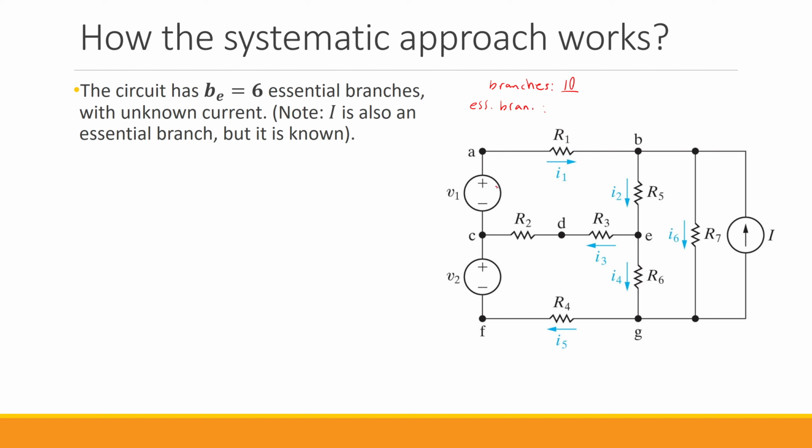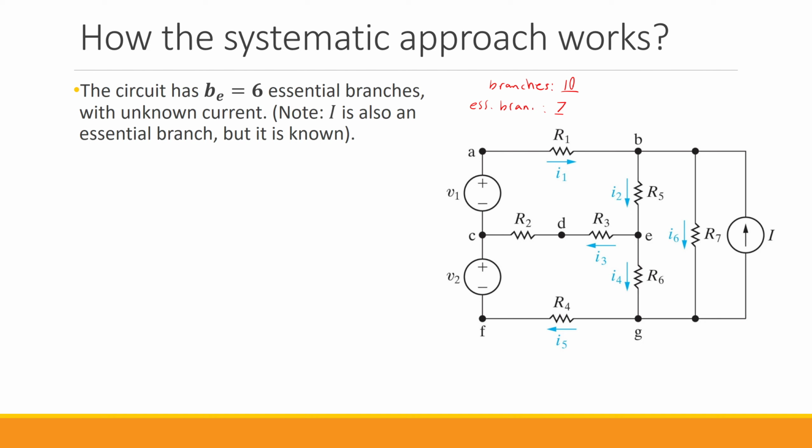That's 1. R2, R3 is an essential branch. That's 2. V2, R4 is an essential branch. That's 3. Then we have R5, an essential branch. That's 4. R6, an essential branch. That's 5. R7, an essential branch. That's 6. And we have this independent current source as an essential branch. That's 7. So in total, we have 7 essential branches in this circuit.